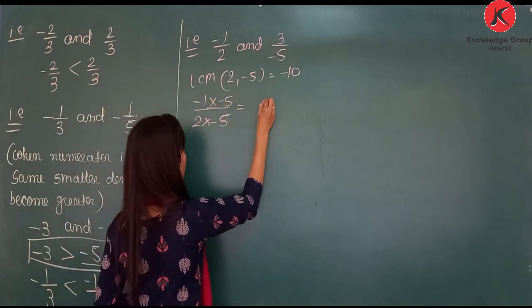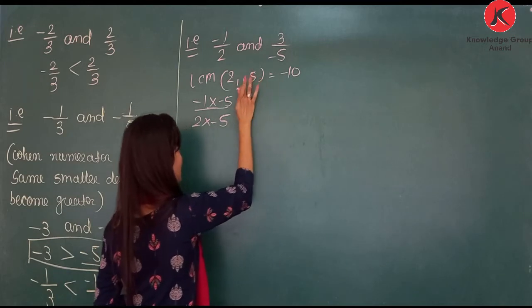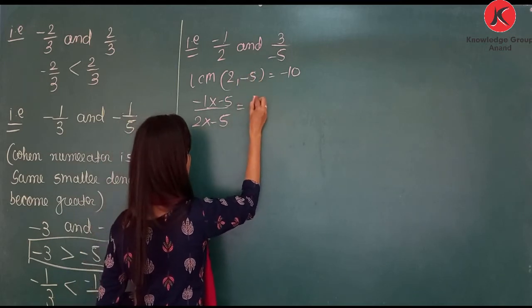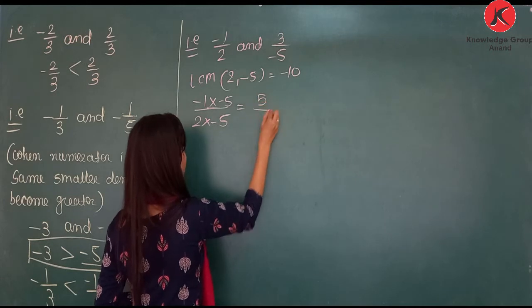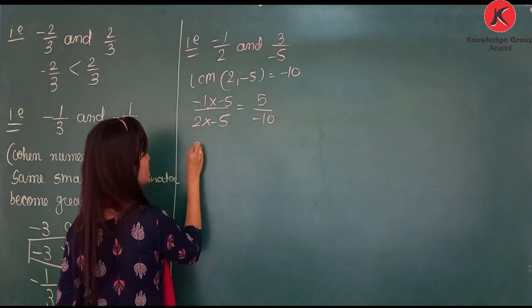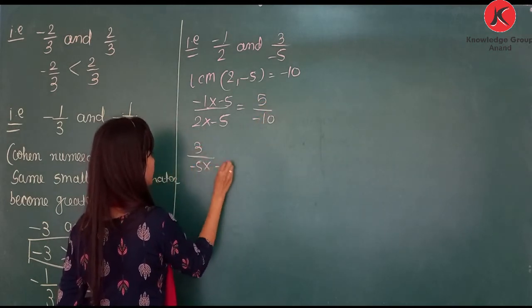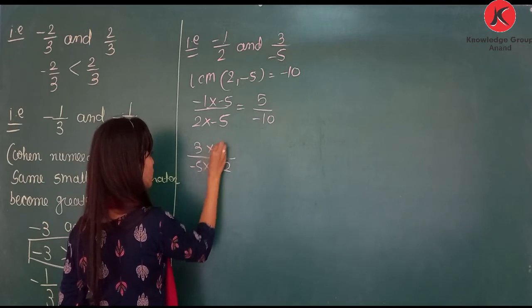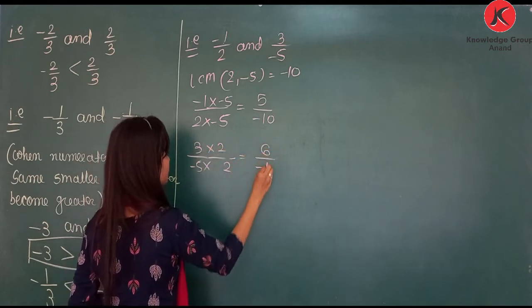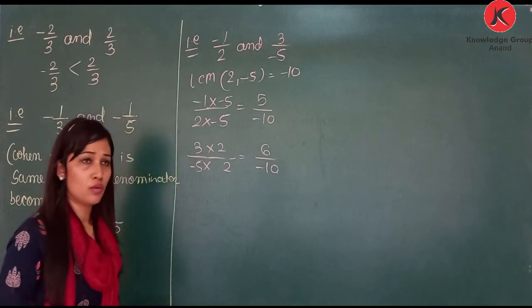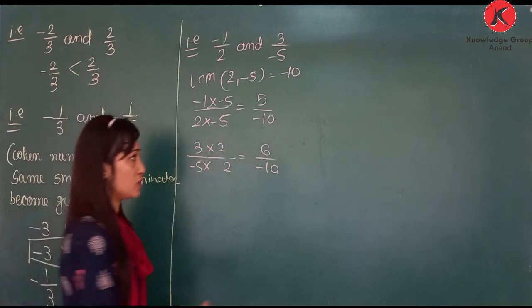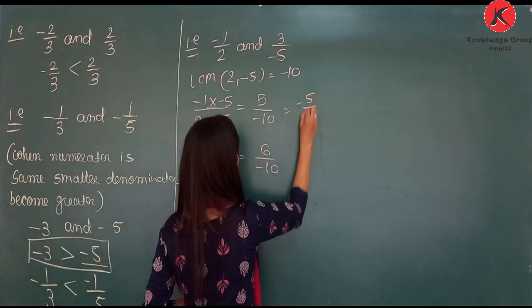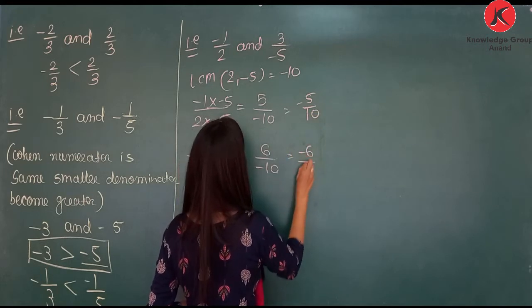So that will give 5 by minus 10, and for this multiply with 2. Now give the denominator sign to the numerator, minus 5 by 10, and here we get minus 6 by 10.